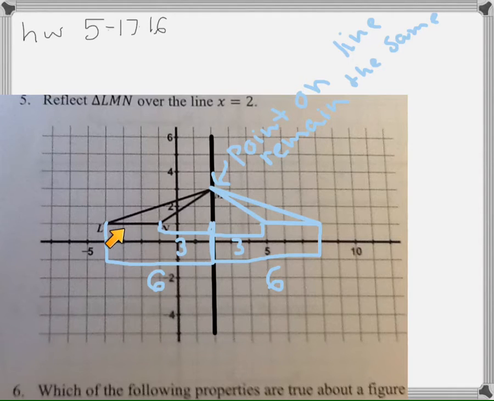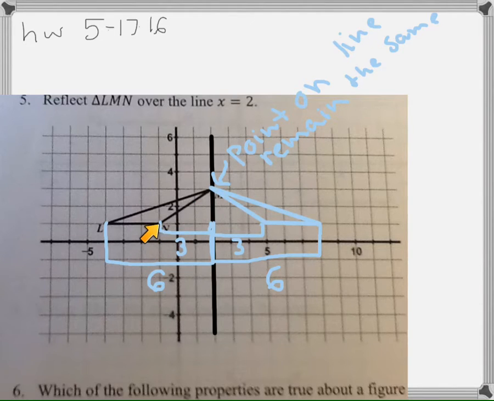So what that means is that each point of LMN is going to be the same distance away from x equals 2 as the after image is. So since point M falls on the line x equals 2, that point remains the same. So point M is equal to point M prime.